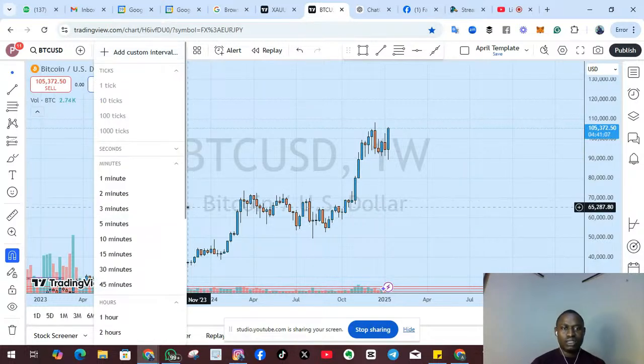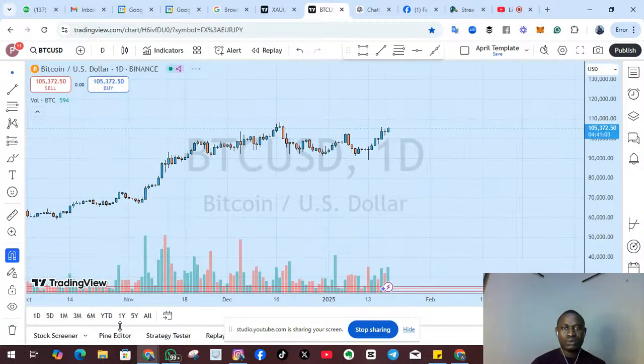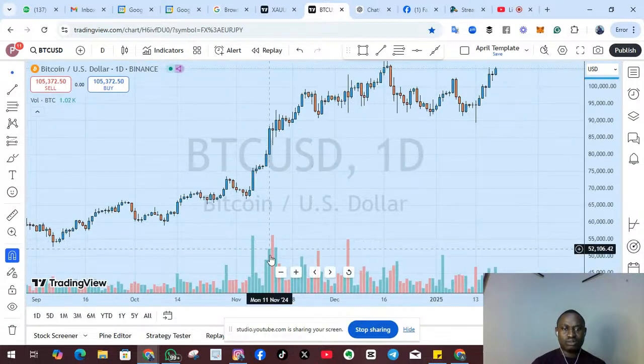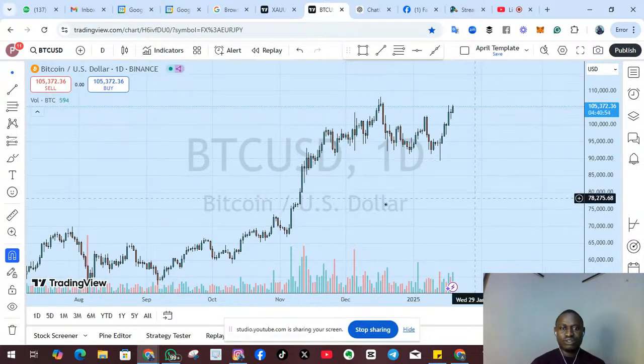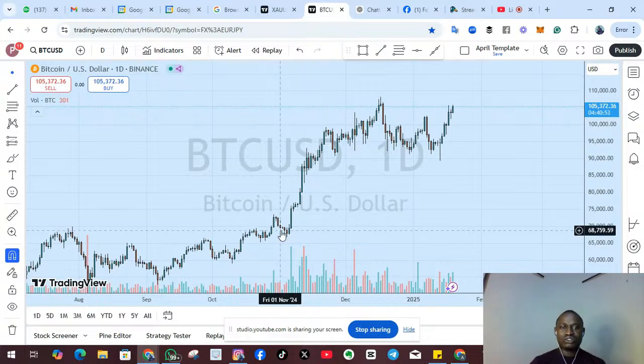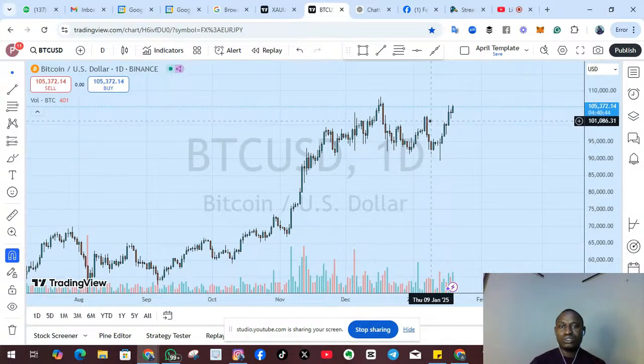So let's go to the daily time frame now, where we most likely will be spending some time. So daily time frame, as you can see, let's quickly count the structure. This is a low, this is a high, this is a higher low, this is a lower high instead of a higher high.